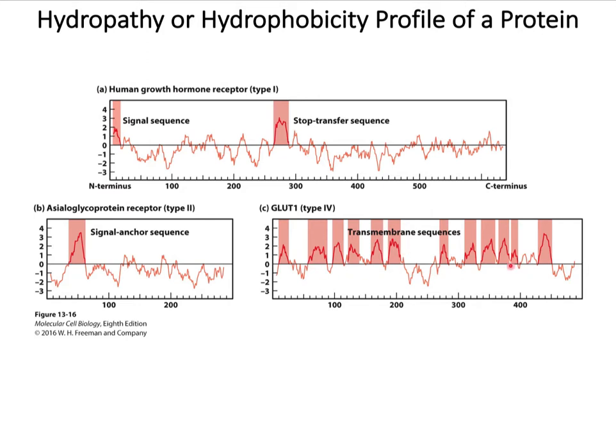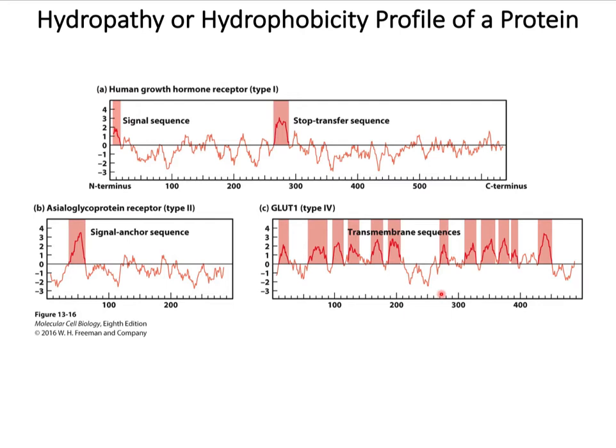On the other hand, this is really remarkable. This is the loot, and you can easily see 1, 2, 3, 4, 5, 6, 7, 8, 9, 10, 11, 12. There are 12 transmembrane helices, and just looking at the hydrophobicity plot, you can tell where these are. So you can appreciate how the hydrophobicity plot, just from the sequence of the protein, can give you an idea whether it is a soluble secretory protein or a transmembrane protein.